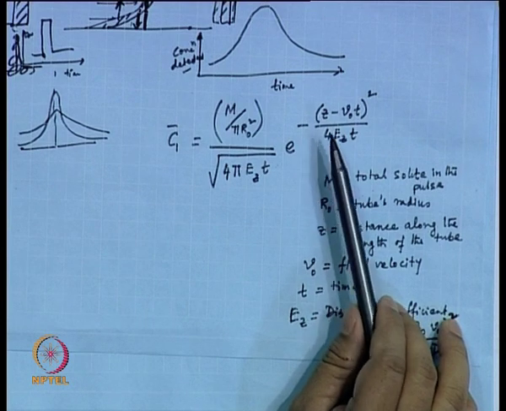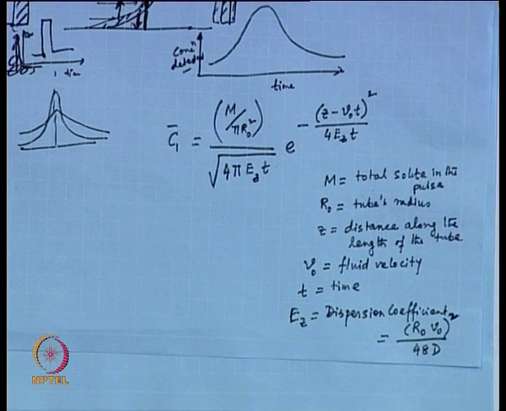The other thing I point out here is this z minus V0 t term. Does this ring a bell? Z is the distance along the length of the tube, or in other words the distance from the inlet. So, the tube runs like this, and from the inlet you calculate z. V0 is the average fluid velocity.